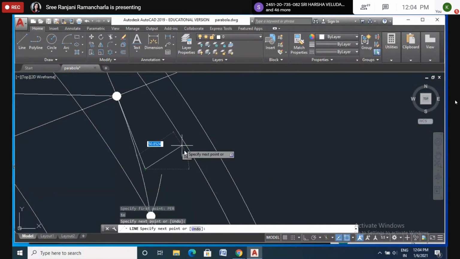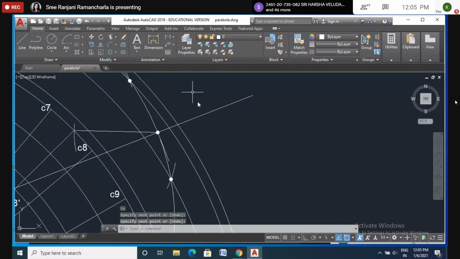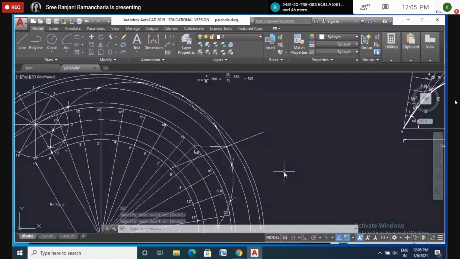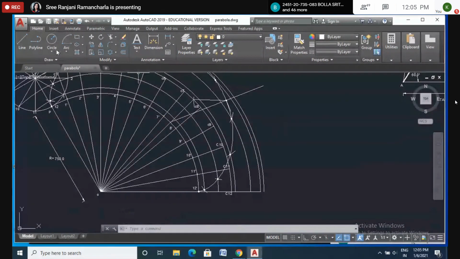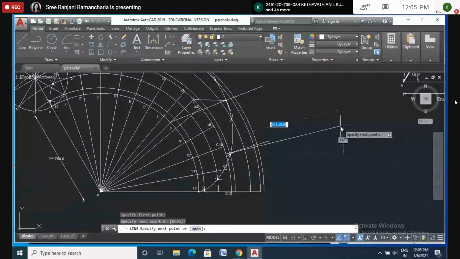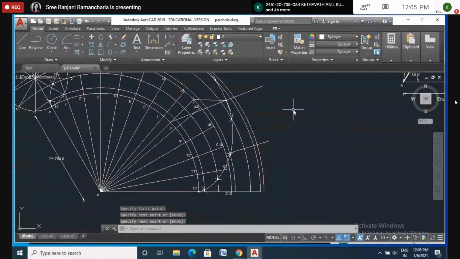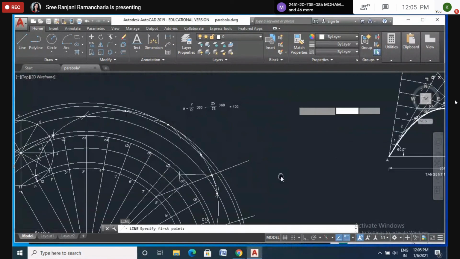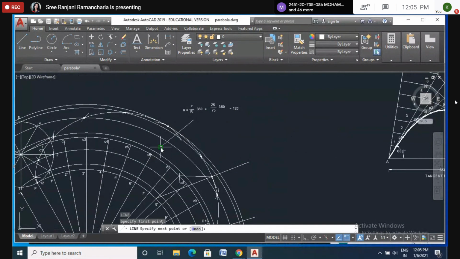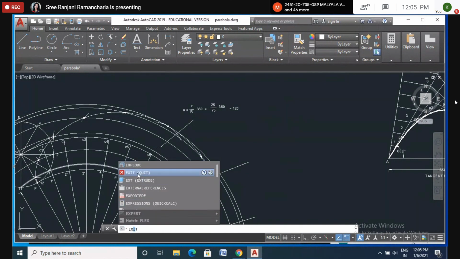Yes. So I made it a small line. I will extend this one. I will extend this line by drawing one more line here, like this, and one more line also here. I want to extend both sides so that the tangent should be clearly visible. Okay. And now extend. Extend.